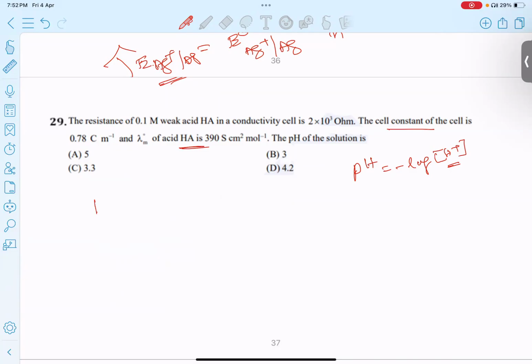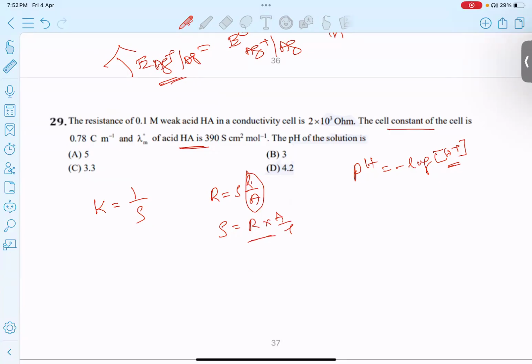Conductivity kappa is equal to 1 by rho. Rho is called resistivity. Resistivity is related with resistance: R is equal to rho L by A, then rho is equal to R into A by L. Here L by A is called the cell constant.